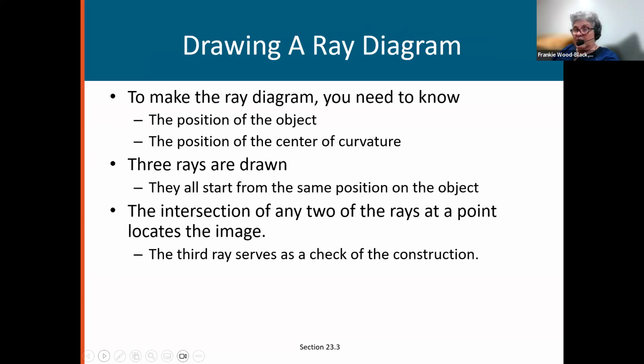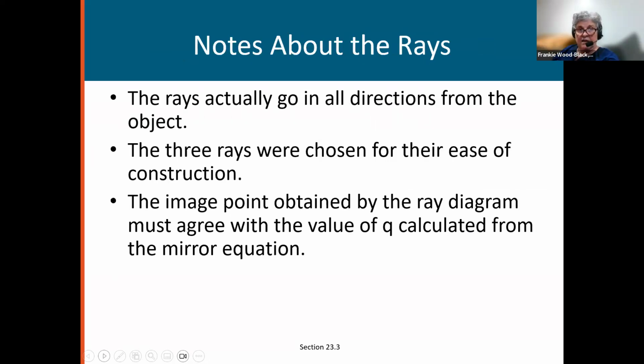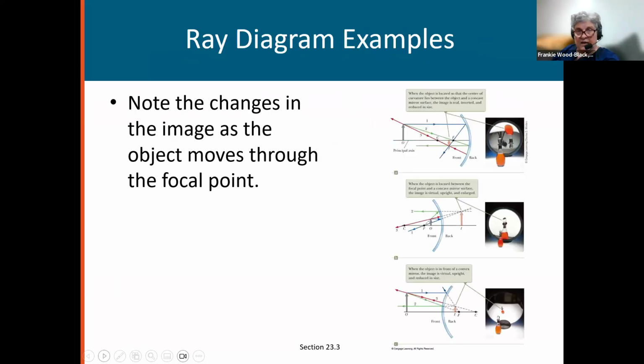All right, so we've already kind of started talking about a ray diagram. There is a third ray that we can use, and that third ray we can use as a check on our construction. So basically, we want to get to our image. You do have these in your book, which are very helpful.